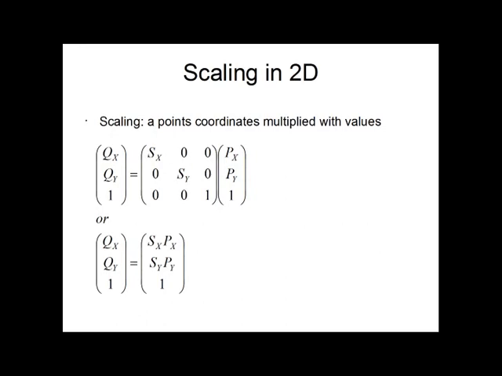Usually, the most common way of using this is having the same number for x and y, or sx and sy. But either way, we can scale them differently if that's something we need for a specific application. And what simply happens is sx in this position on the diagonal line in the matrix will be multiplied with the x coordinate of P and put into the x coordinate of the result. Sy will be multiplied with the y coordinate of P and put into the y coordinate of the result.